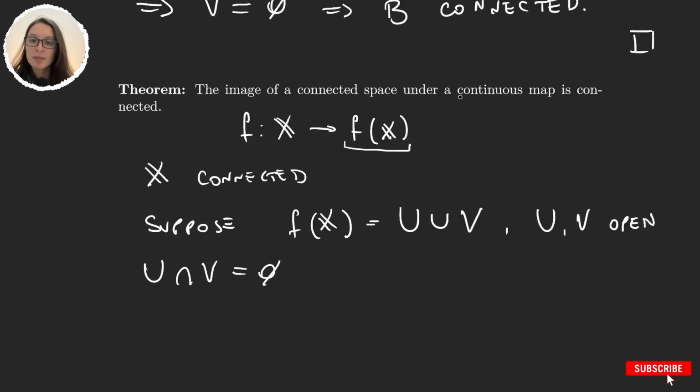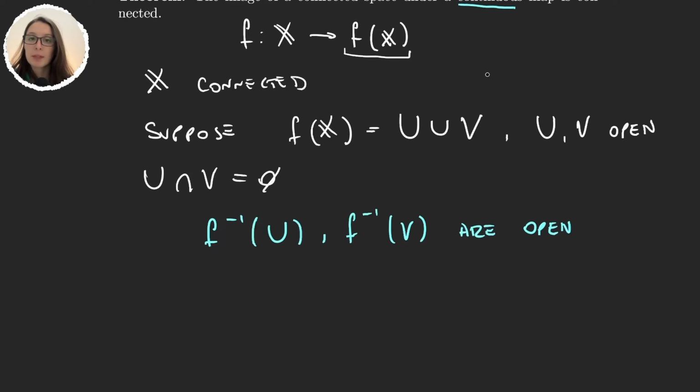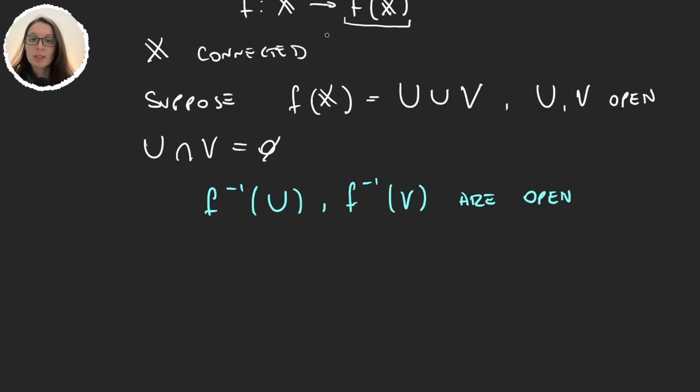Now remember that this function is continuous, so that means that the preimage of open sets is open. In particular, the preimages of U and V. But now, because the function f is surjective, these two sets form a separation of X. So X can be written as this.